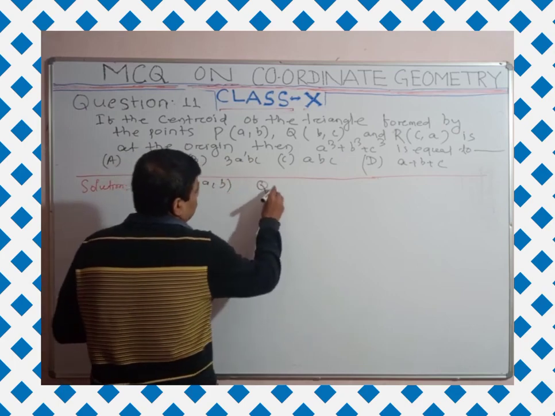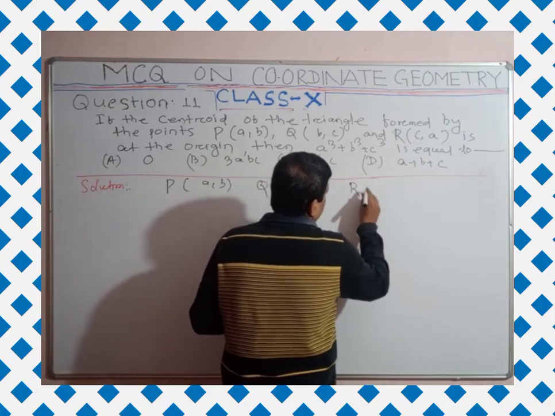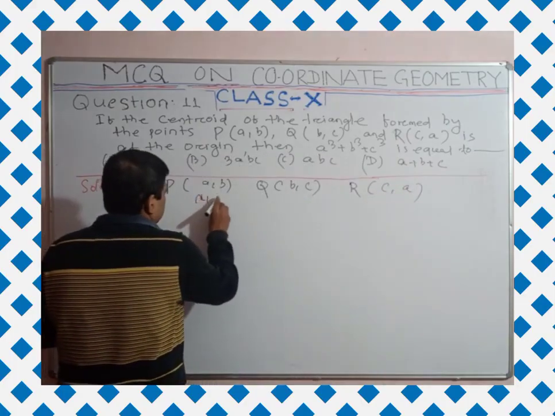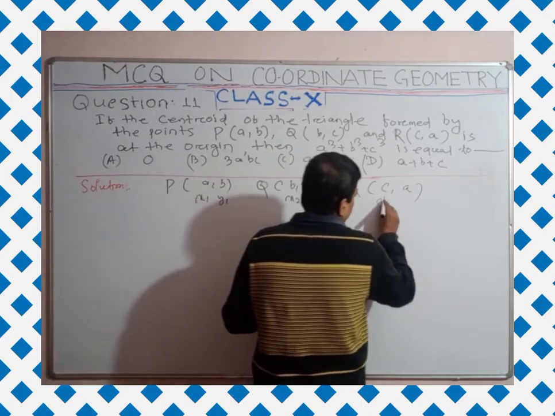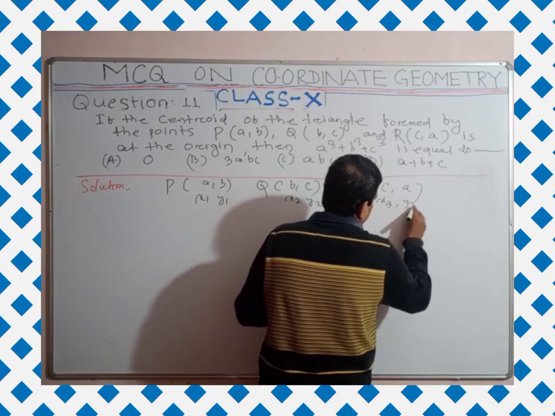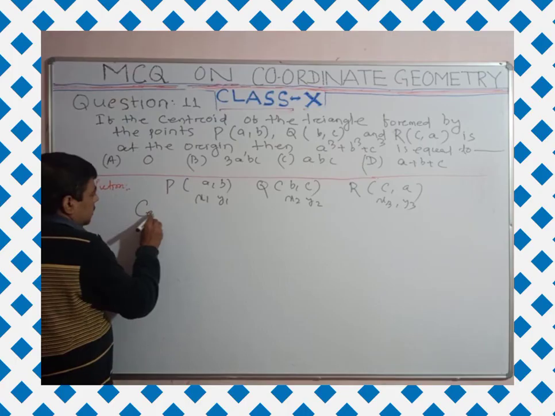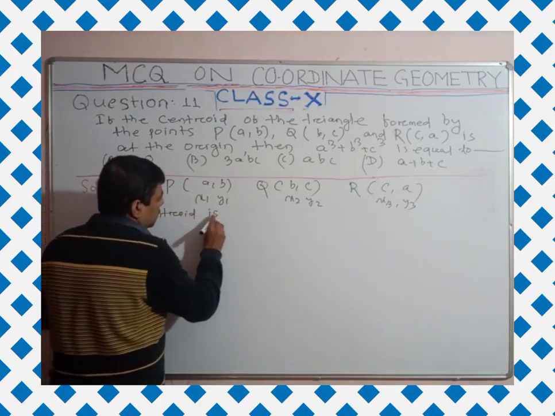The second point is Q of the triangle whose coordinate is (bc), and the third vertex is R whose coordinate is (ca). Suppose this is x1 y1, this is x2 y2, and this is x3 y3. Yes or no? And here it is given that the centroid of the triangle is at the origin.